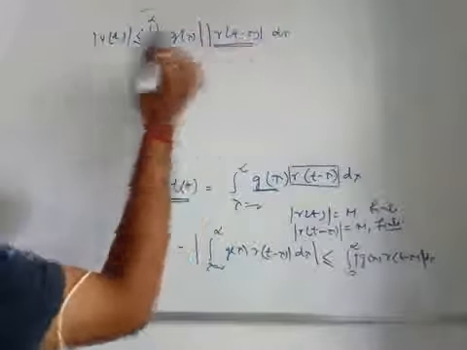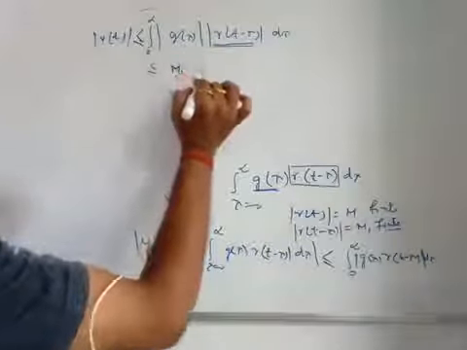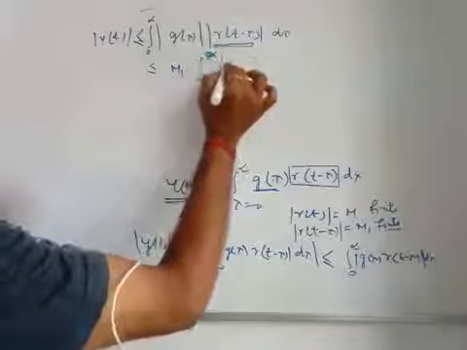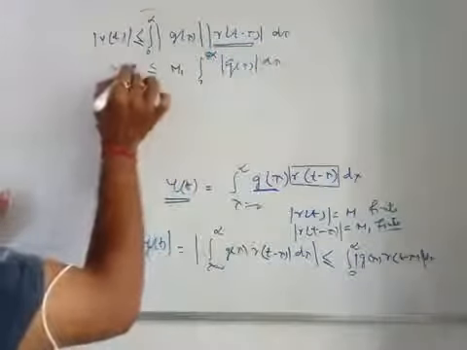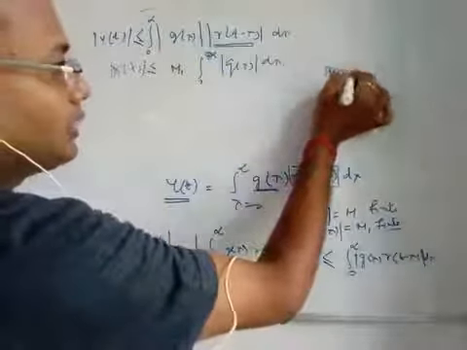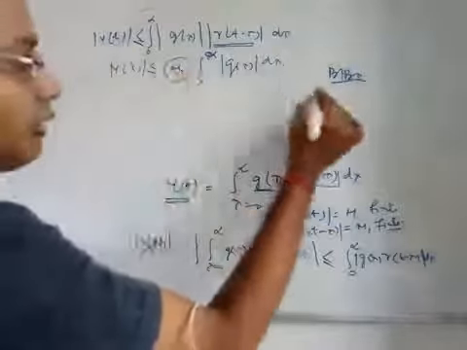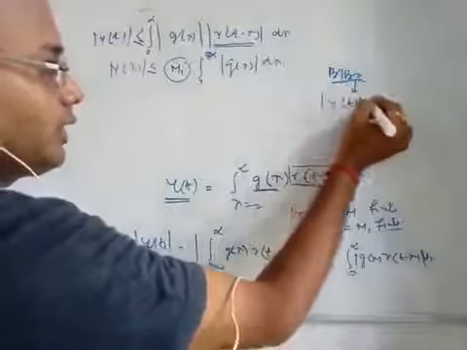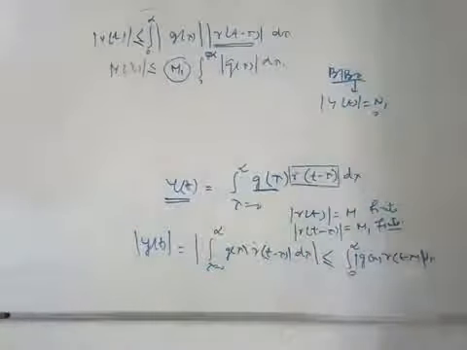So you see this is a finite quantity. So definitely this is M1, and the integral from 0 to infinity of the modulus of g(tau) d tau, this is y(t). Now, according to BIBO stability, the input is bounded, we say. Now if the output is bounded, then y(t) must be some finite quantity, right?